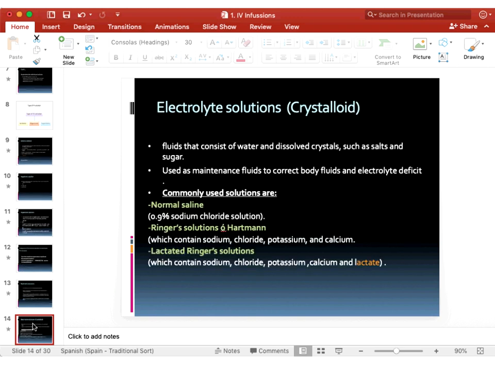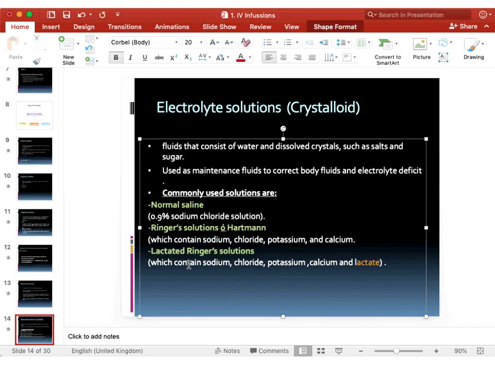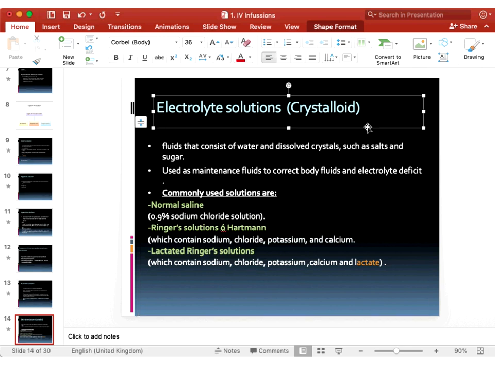All right. So we've seen the crystalloid solutions: normal saline, Ringer solutions or Hartmann, that has sodium chloride, potassium, calcium, and has bicarbonate. But if you see lactated Ringer, it contains lactate. So that makes a difference. Now, why would I make this difference? Because let's assume you have a diabetic patient who arrived with ketoacidosis.